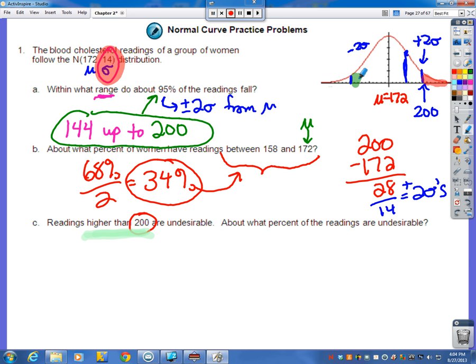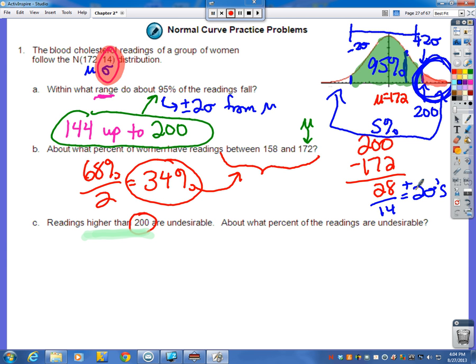This area right here, according to the empirical rule, or the 68, 95, 99.7 rule, this was 95% between 2 standard deviations, right? That means how much is left over in those two tails? Well, it's got to be the leftover 5% to make 100%. But 5% is for both of those tails combined, and I only want to know the right tail.